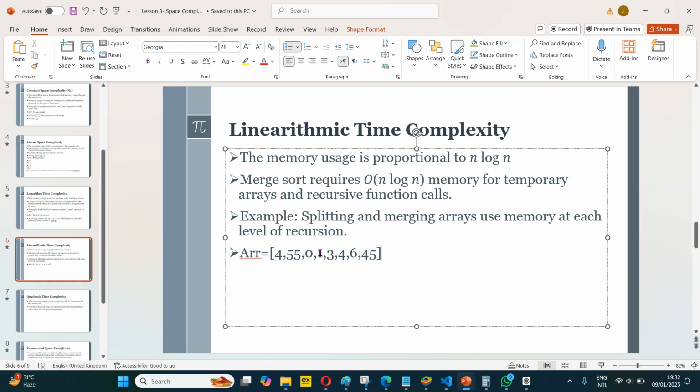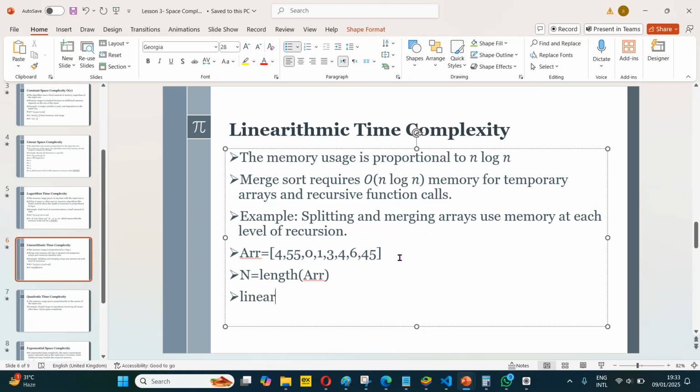So 1, 2, 3, 4, 5, 6, 7, 8, right? So n takes the length of the array, which means that n is assigned as 8. Now to get the total memory usage for the linear arithmetic time complexity, remember it works in n.